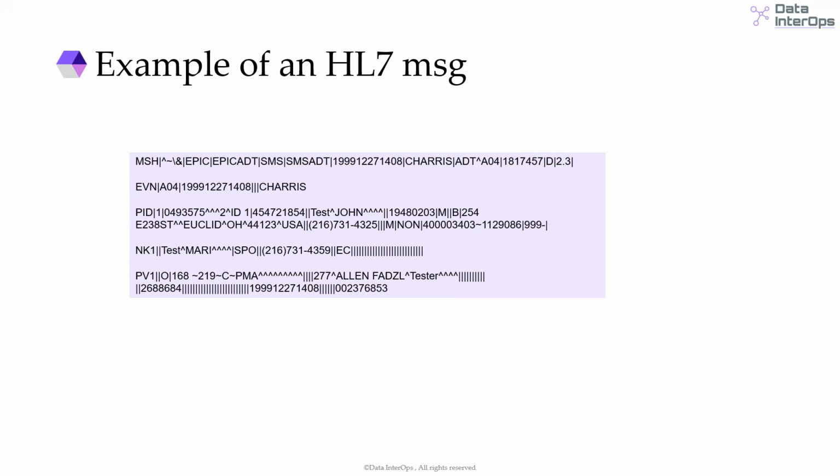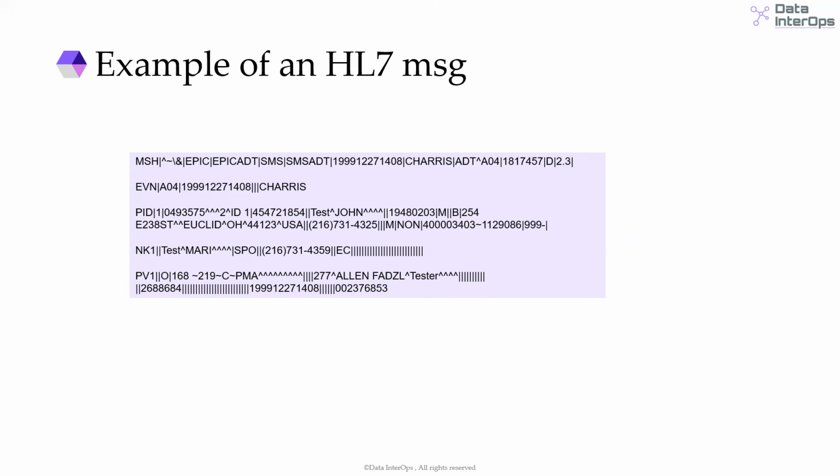It is purely dependent on the event that is taking place. If you observe, each segment begins with a 3-letter acronym, right? MSH, EVN, PID, NK1, PV1. Those are the 3-letter acronyms for each of these segments, and they represent the name of the segment.